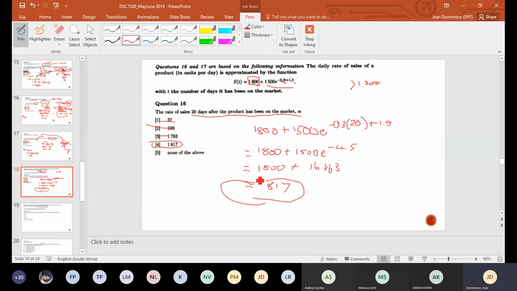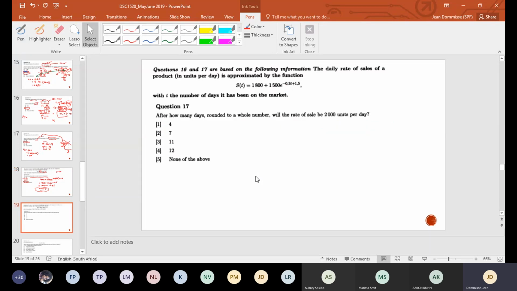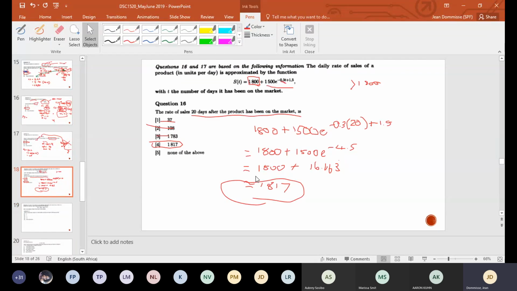The rate of sales at 20 days. And I think that when they talk rate of change, then you start using the derivatives.